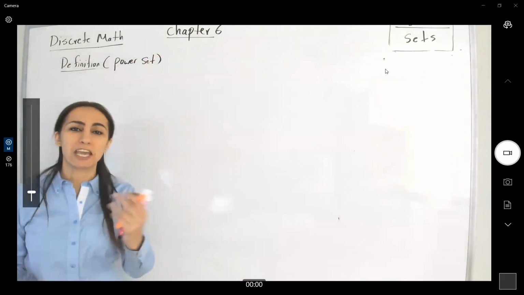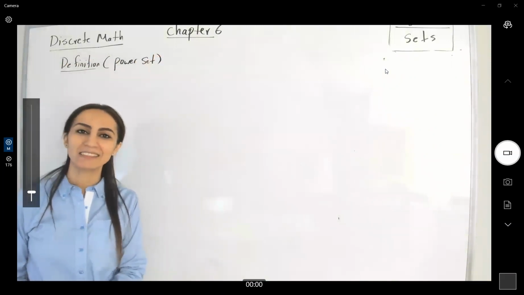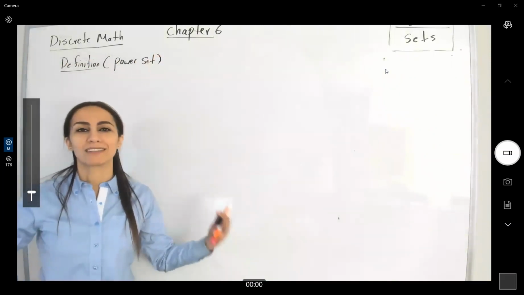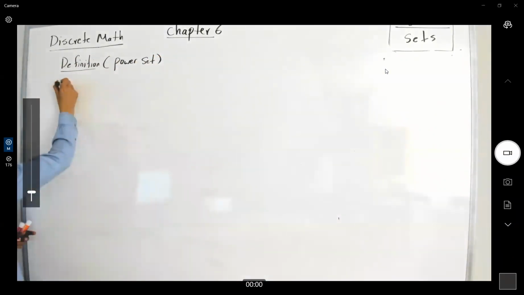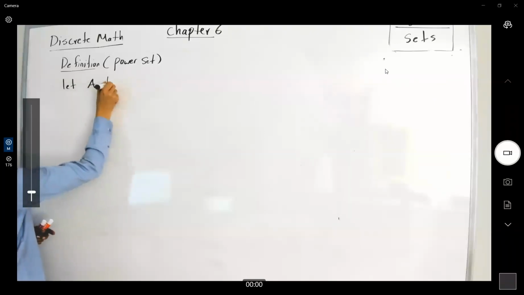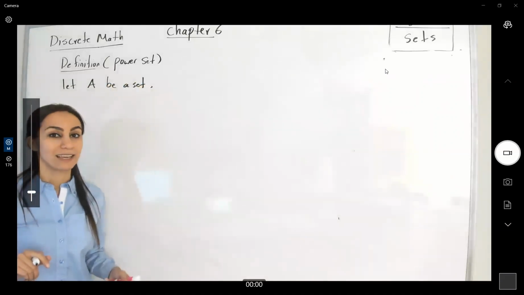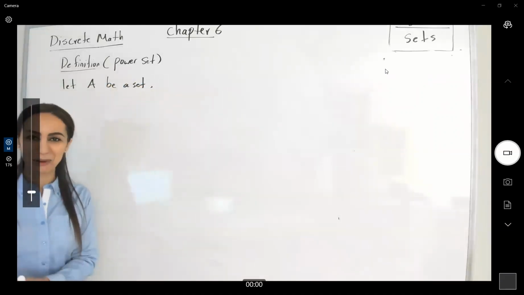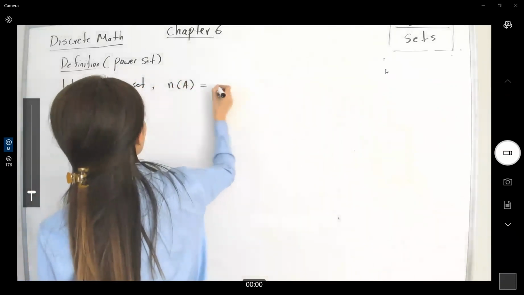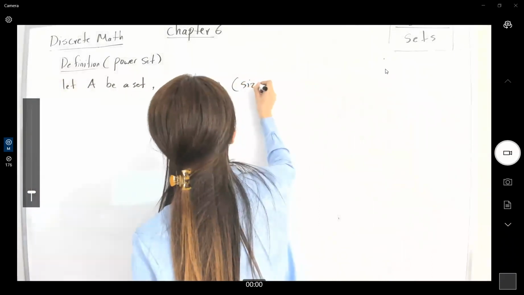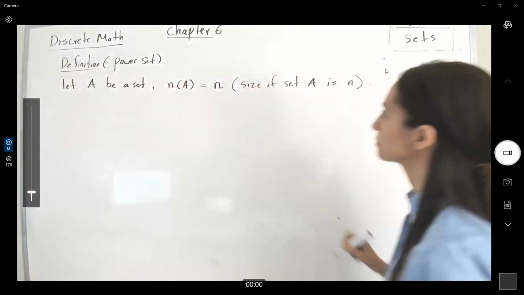Suppose you have a set like A. If you list all of the possible subsets of that set and put them inside a curly bracket, we call it power set. Let A be a set, and suppose the cardinality of set A, or the size of set A, is equal to n, and n of A is equal to n. So the size of set A is n.